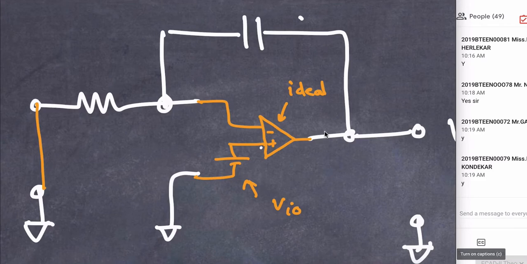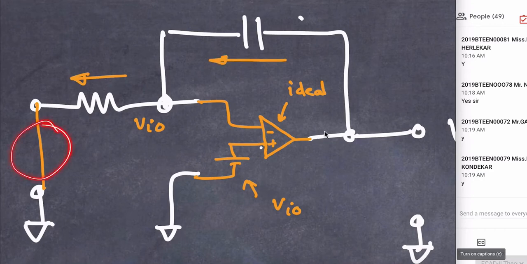So VIO will be here, and because of this VIO there will be current through capacitor even if there is no input, zero input. As soon as you power up this circuit, VIO will be anyway there in case of a practical op amp, and which will cause current to flow either this way or this way, depends on the polarity of VIO, whether it's a plus or minus.